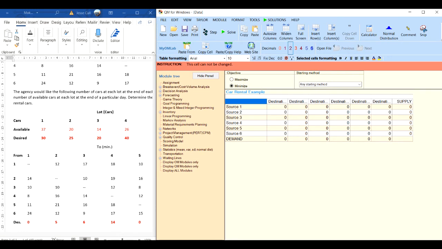Now, one thing we have to remember is if a route is not possible, and sometimes they're not, as we see here, 1-to-1, we just make this a big number so that the computer will not even consider it. We do that for each of the 6 impossible routes.